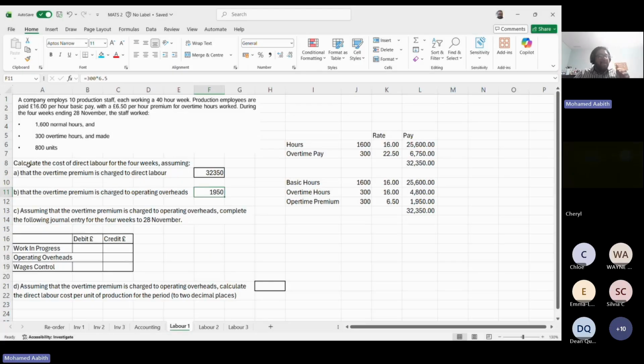They're asking here, calculate the cost of direct labor for the 4 weeks. So this calculation is my direct labor. So they're asking, what is my direct labor if my overtime premium is charged to the operating overheads? Therefore, it's going to be everything but that number. So it's going to be these two numbers only, because these will be my direct labor. This will be my overhead.